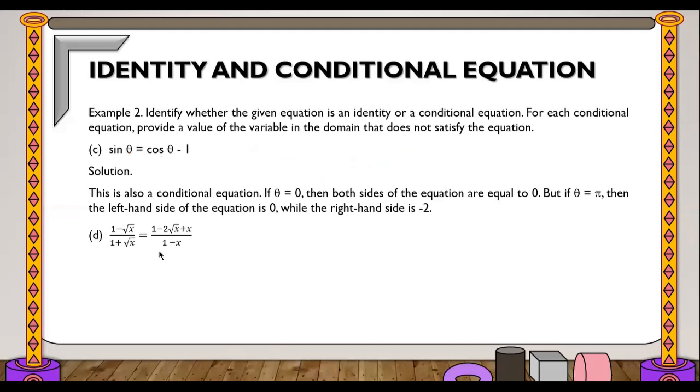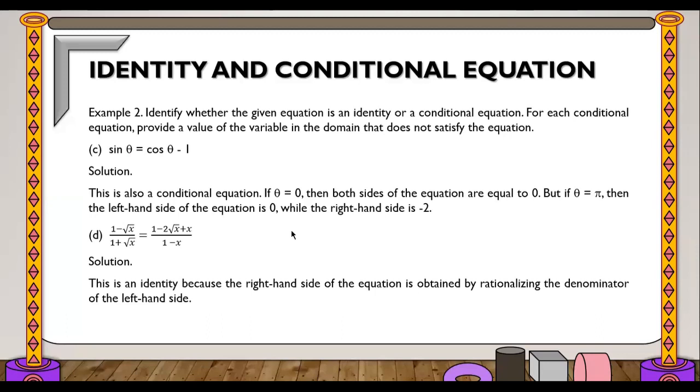Next, ang letter D naman natin. Ito yung ating given expression. Ang letter D natin ay magiging identity. So letter D is an identity, because the right-hand side of the equation is obtained by rationalizing the denominator of the left-hand side.